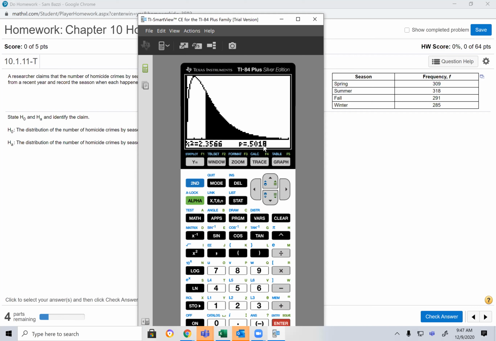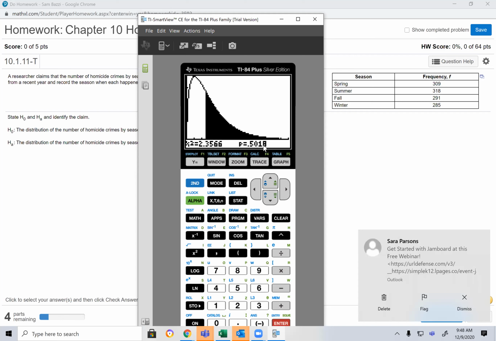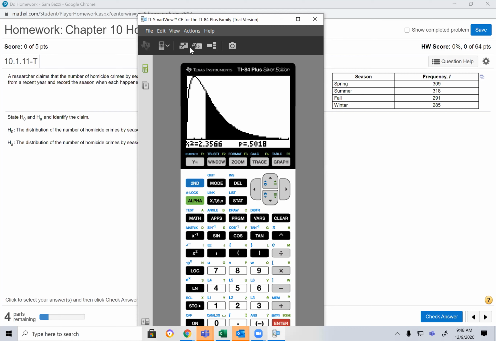And which is more than alpha, you fail to reject the null hypothesis. And if you fail to reject the null hypothesis, you say there is not enough evidence to reject the claim that the distribution is uniform. We don't have sufficient evidence to reject the claim.